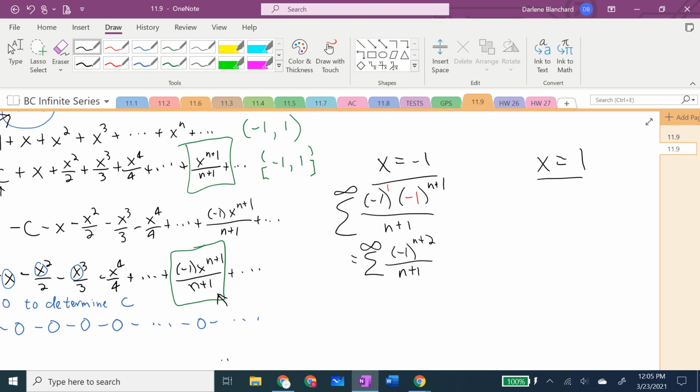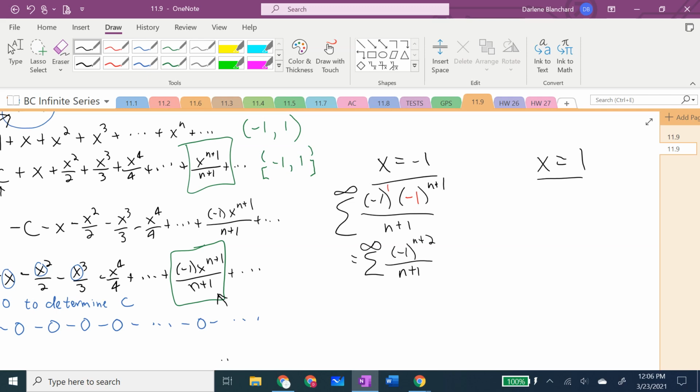Making sure you're awake. Are you awake online? All right. And I see it right there. It could be to just the n. And it's the same either way. But with that aside, do you see that this is an alternating series?